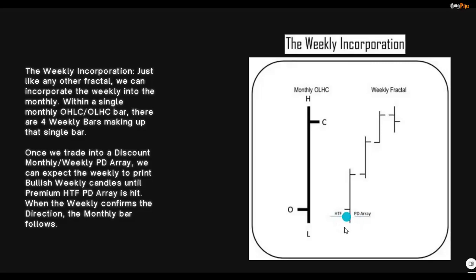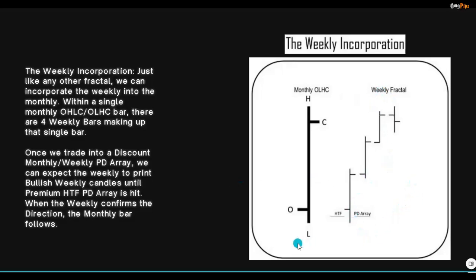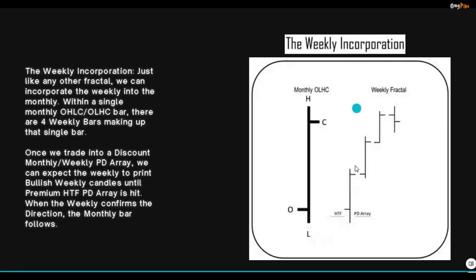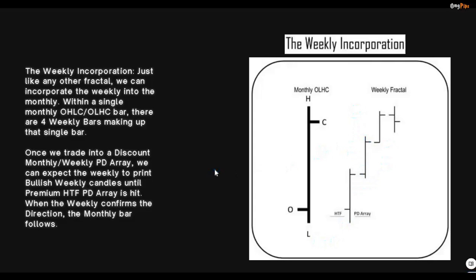Moving from a higher time frame PDRA into a higher time frame, moving from a discount PDRA into a premium. Once we trade into a discount monthly or weekly PDRA, we can expect the weekly to print bullish weekly candles until premium higher time frame PDRA is hit.